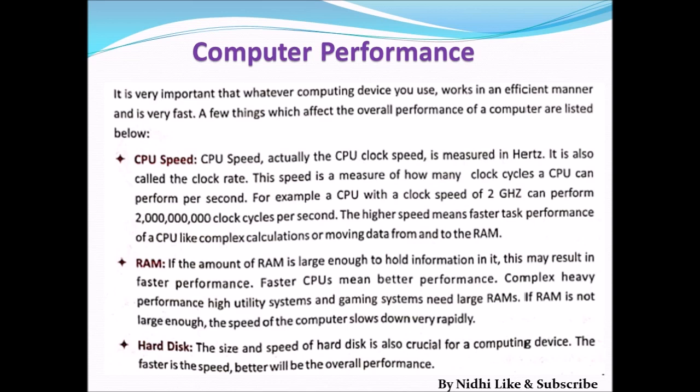It is a measure of how many clock cycles a CPU can perform per second. A CPU with a clock speed of 2 gigahertz can perform that many clock cycles per second. Higher speed means faster task performance of a CPU.